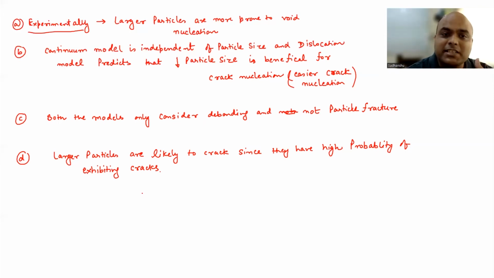So it becomes much easier to fracture the particle when you have a pre-existing crack. So if the particle size is larger, there is more probability of finding a crack. So experimentally, we have observed that void nucleation occurs in larger particles.